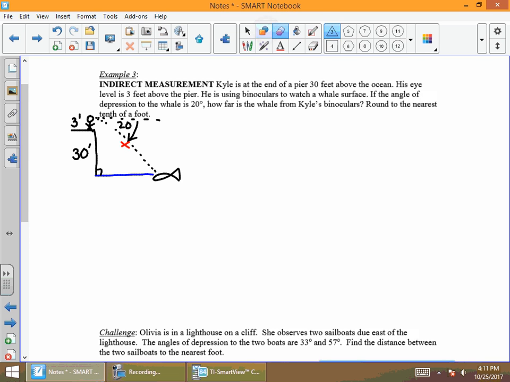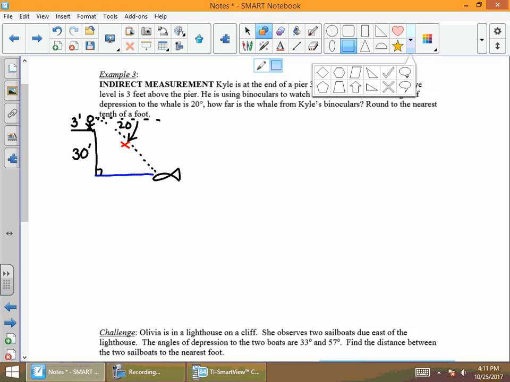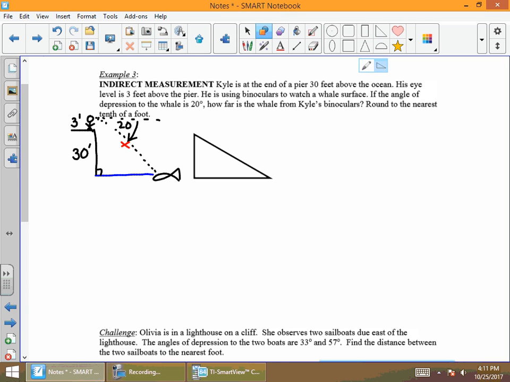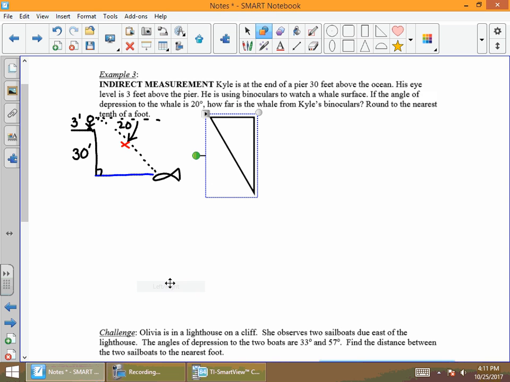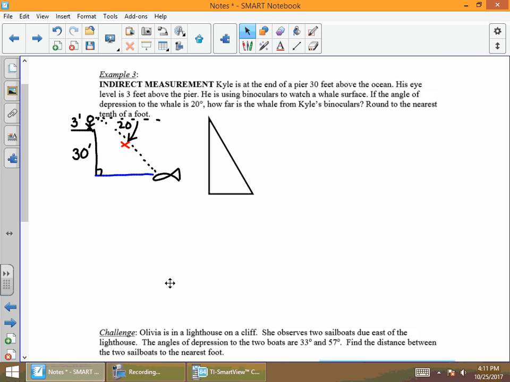But I have a right triangle. So let me bring in a right triangle. I'm going to flip this thing. All right, so something kind of like this.